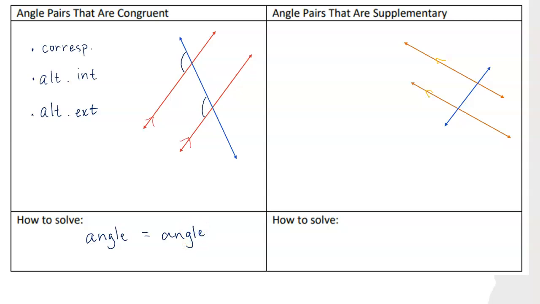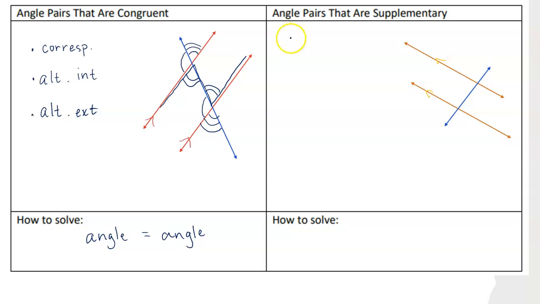A reminder that when you're looking for alternate interior, you can imagine the letter Z. And alternate exterior angles are going to be outside of the parallel lines, on the other side of the transversal.